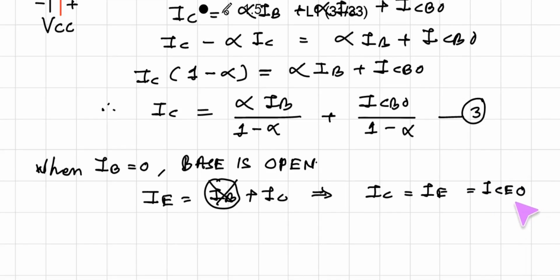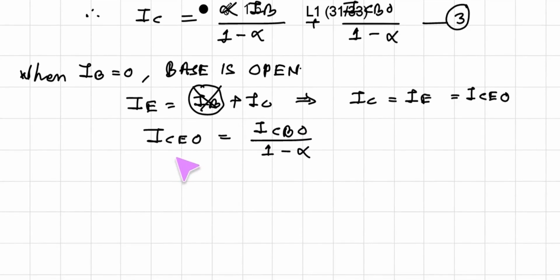That means when base is open, the current between collector and emitter is known as ICEO. So substituting, here we can say that ICEO, now this term is 0, is equal to ICBO upon 1 minus alpha. So remember, this is current between collector and emitter when input is open, and here it is current between collector and base when input is open. So this is the relation.